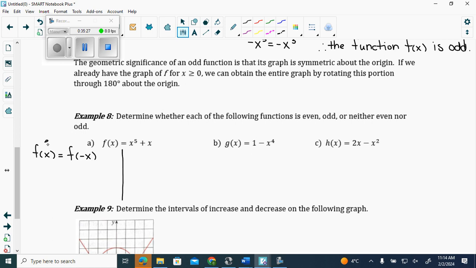If they don't match, we can test for odd. For odd, you would fill in f of negative x equals negative f of x. If neither of those equal, then it's neither. You know what I'm saying? We'll do the first one together.